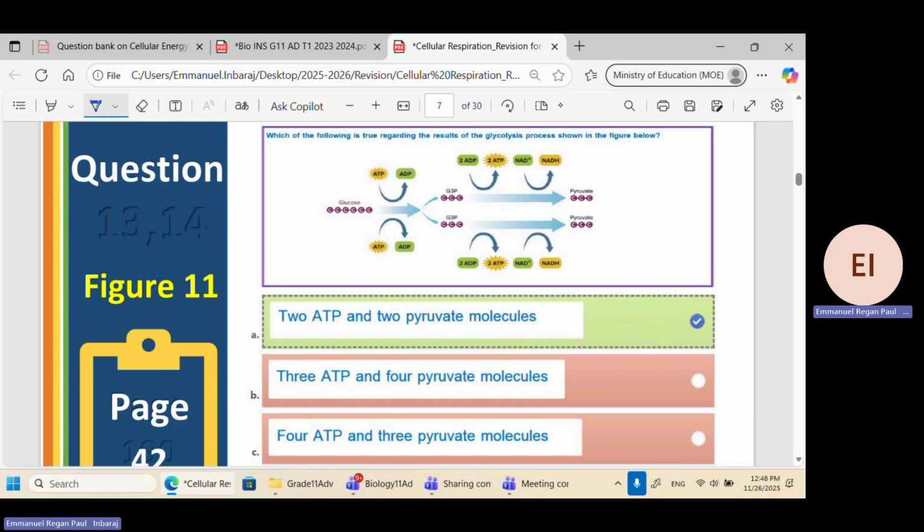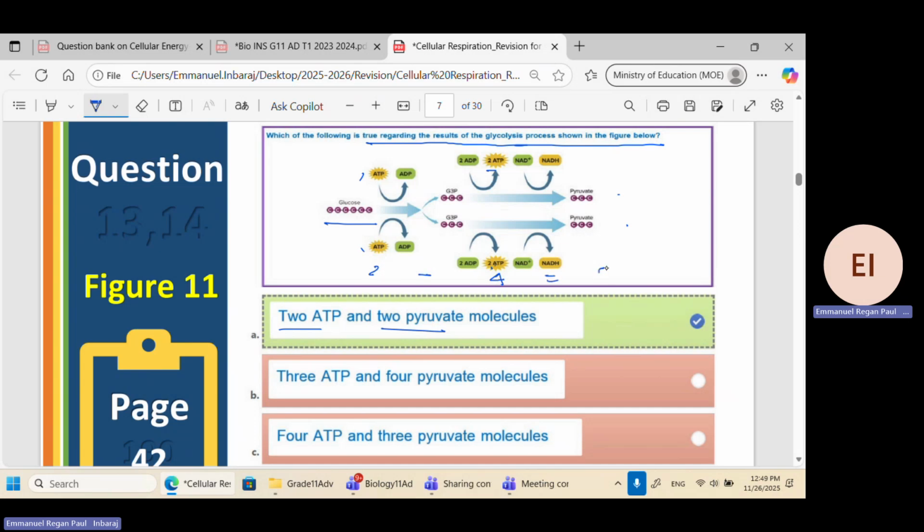Which of the following is true regarding the result of glycolysis process? You see, glucose molecule gives 2 pyruvate. So they're asking you which is true here. So 2 ATP and 2 pyruvates are produced. You see here 2 ATP, 2 ATP. So 2 plus 2 is 4, and here 1 and 1, so 2. So 4 is produced minus 2.